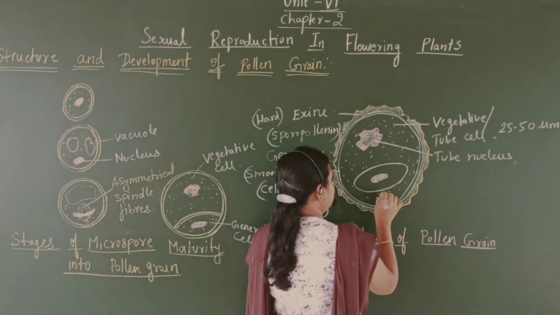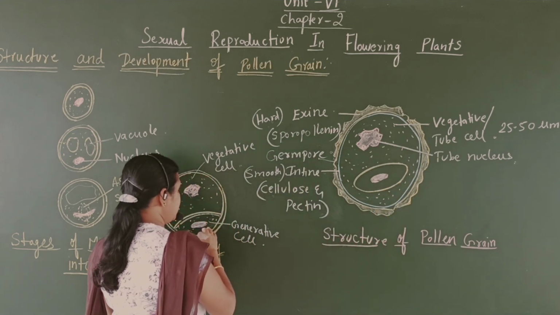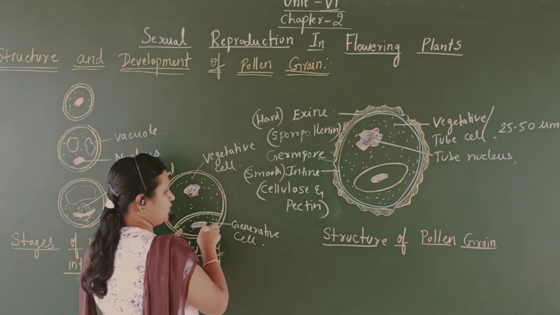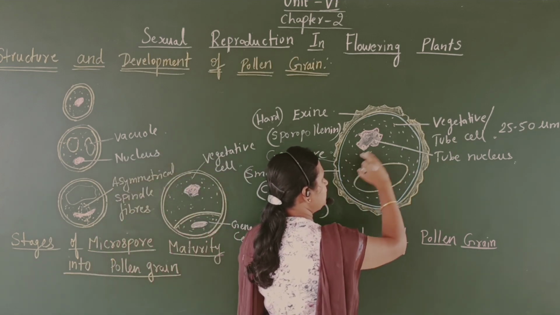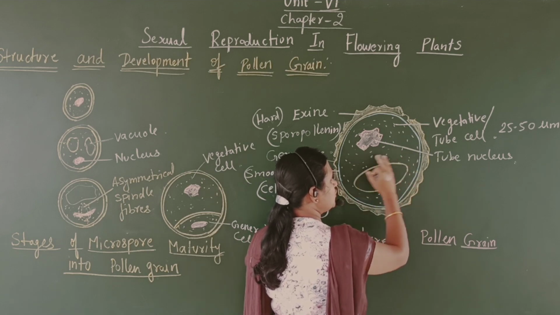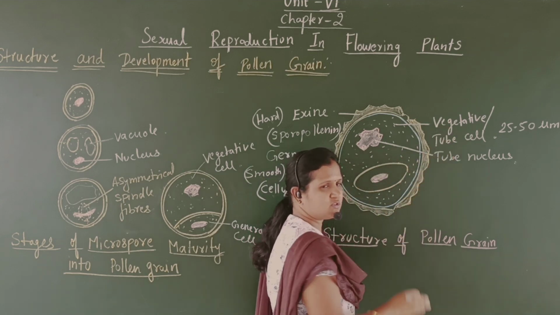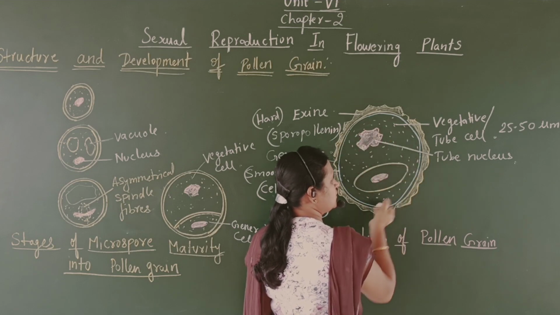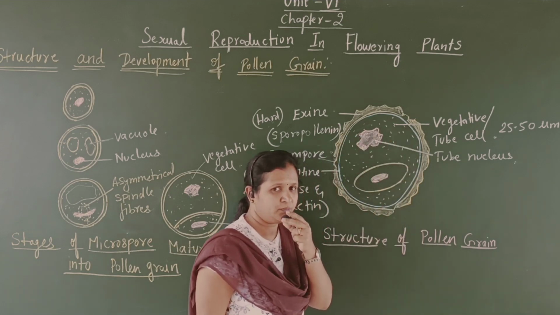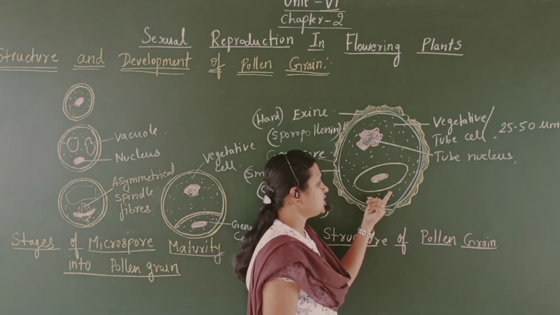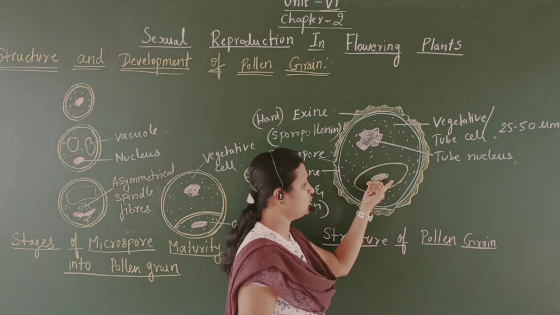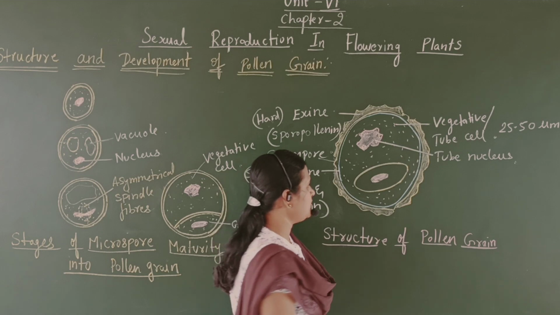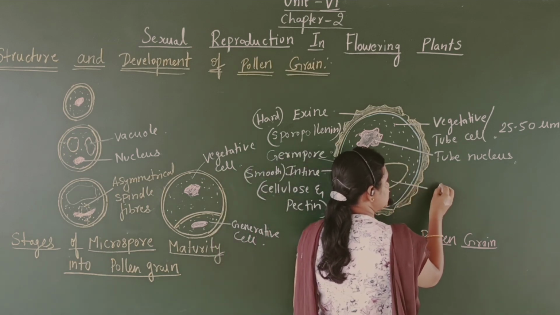Inside that, the generative cell is generally in contact with the wall, but gradually it separates and starts floating in the cytoplasm of the vegetative cell. This small cell floating in the vegetative cell cytoplasm is spindle-shaped and is called the generative cell.